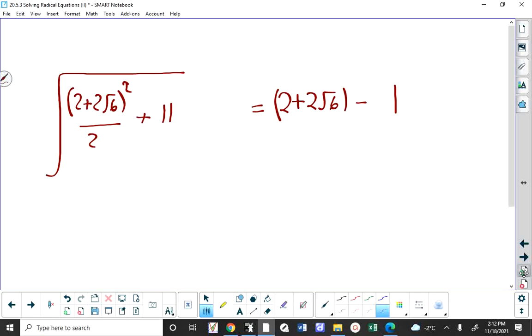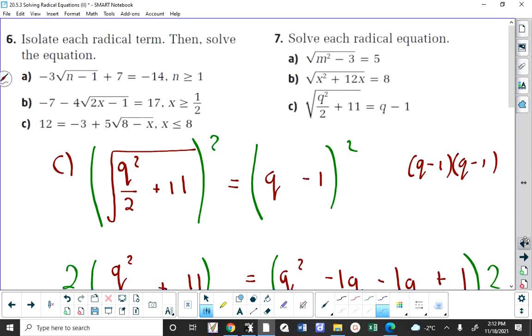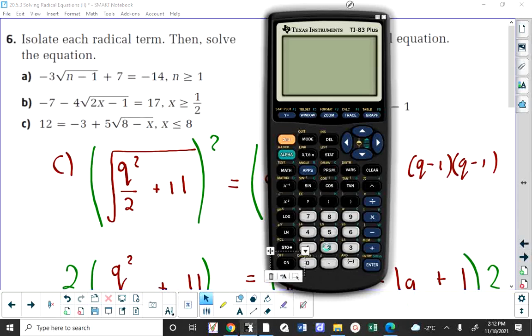So here's my thoughts. On my calculator, 2 plus the square root of 6 is this. I want to know if that number makes the equation true.